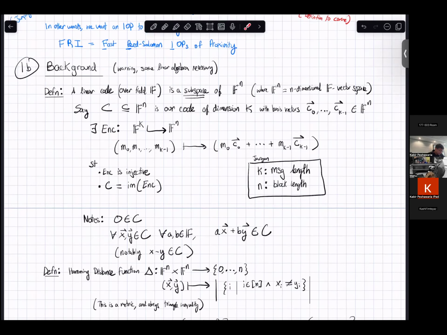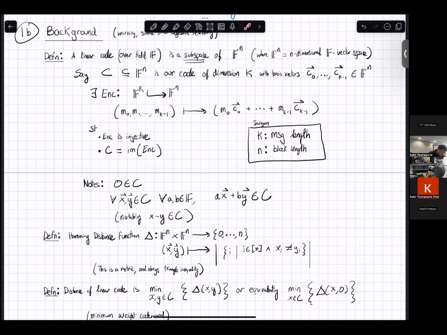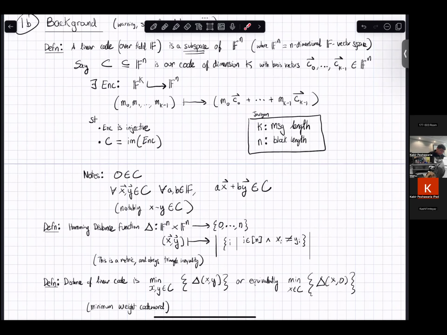Okay. So why am I presenting it like this? Some notes: 0 is always in your linear code. And then, you should be able to do the normal things you're able to do in vector spaces. So notably, the difference between two code words is also going to be a code word in any linear code.